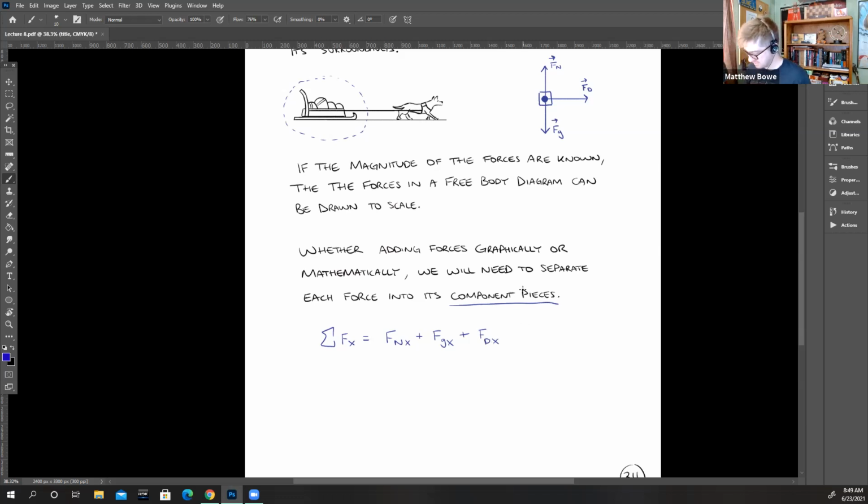All of that is equal to the total, the mass of the sled times the acceleration in the x direction.